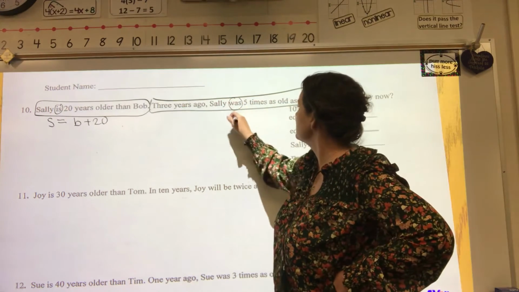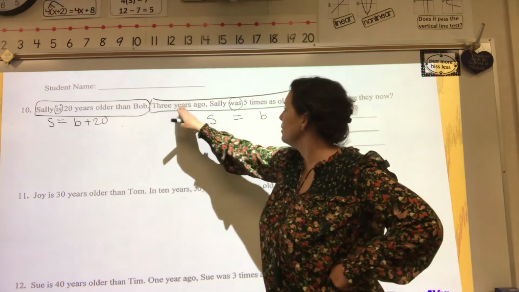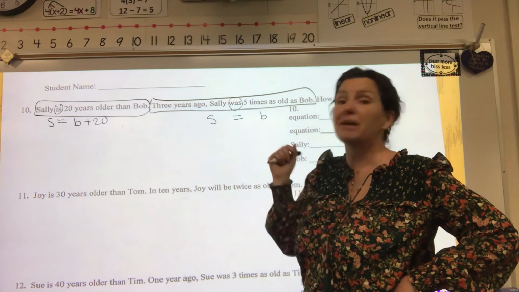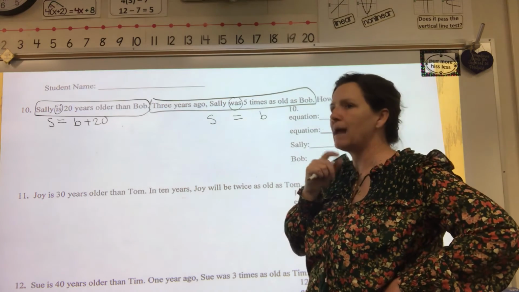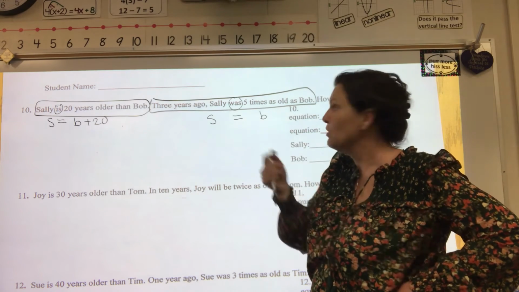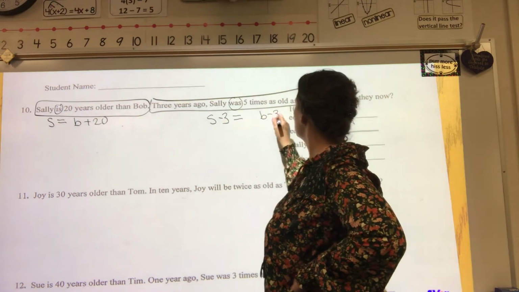Here's our was. We got Sally. We got Bob. 3 years ago. Well, 3 years ago, I was still in my 40s. Just a young, spry gal I was. So I was 49, because 52 take away 3, 49. So 3 years ago is a subtraction. We got this. Look at that.